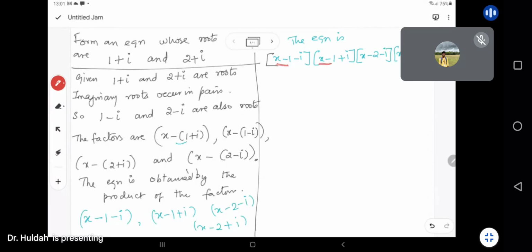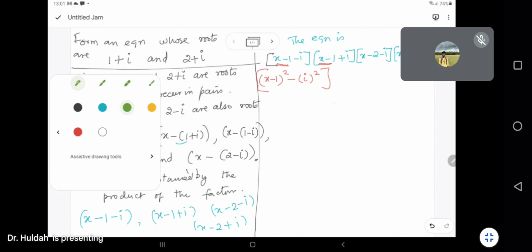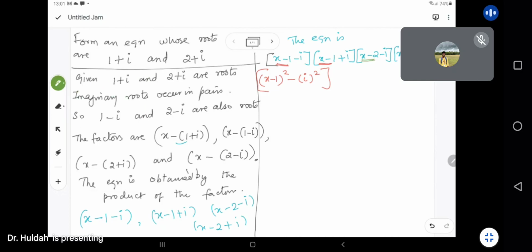Okay, now you see here, this is common. Plus i and minus i, same thing, but signs are different. Okay, so I'll use the formula. A is this, A squared minus B squared. So that is the first term. Then look at this. This is same. i and minus i, same thing, but signs are different.